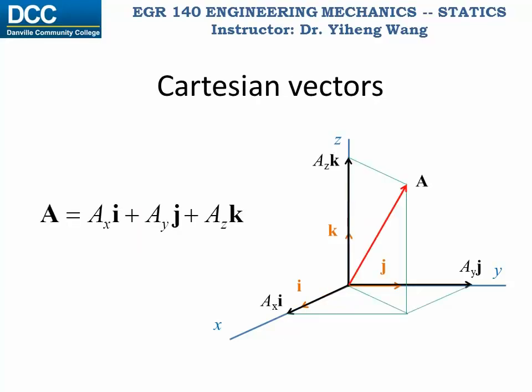Therefore, using the unit vectors I, J, and K, the component vectors along the x, y, and z axes can now be written as AXI, AYJ, and AZK, with AX, AY, and AZ being the magnitudes of the component vectors. When a vector is expressed this way, we call it a Cartesian vector.